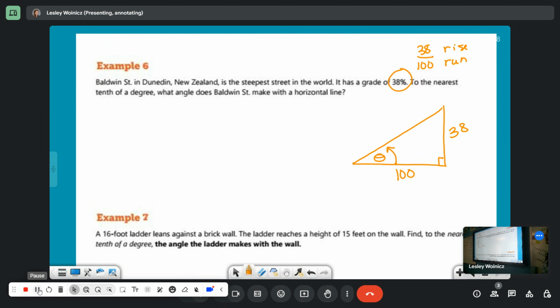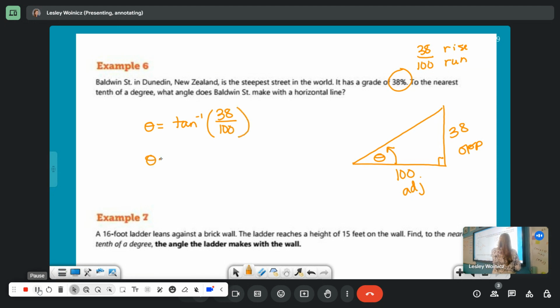All right, what do you think? Inverse of what? Tangent. We have opposite and we have adjacent. So we're going to use theta is equal to the inverse tangent of the ratio 38 over 100.